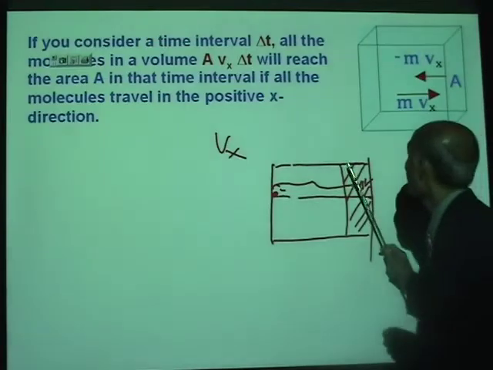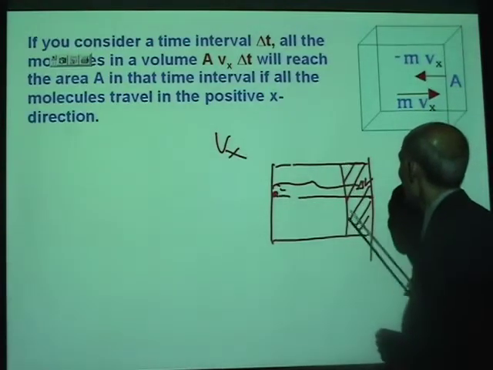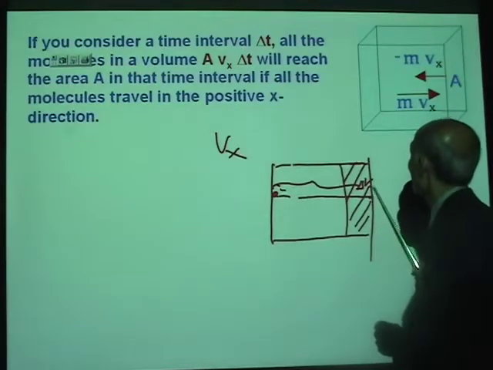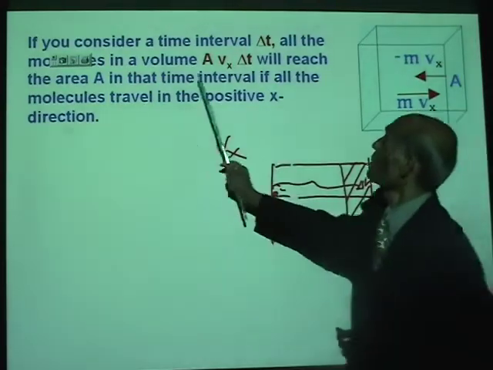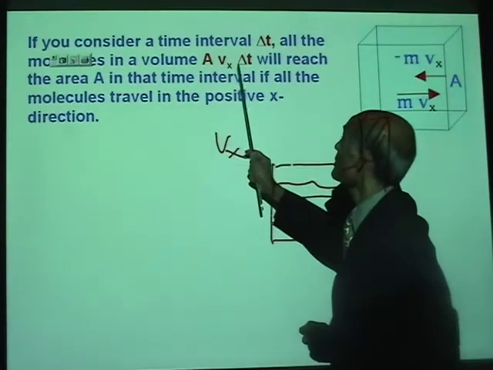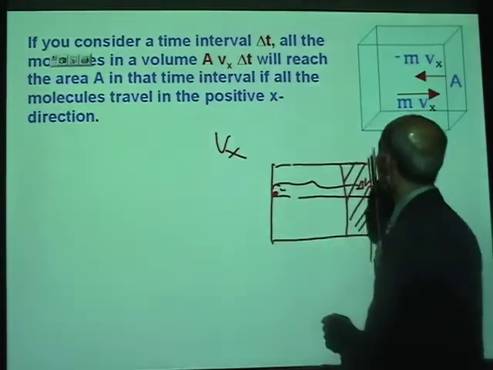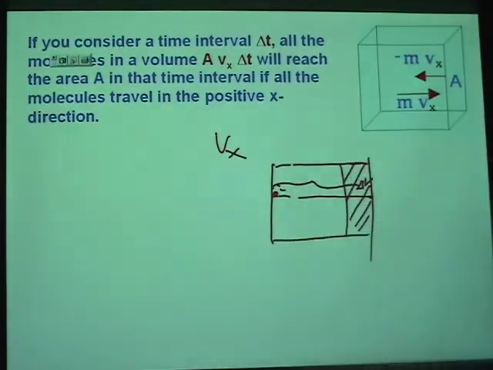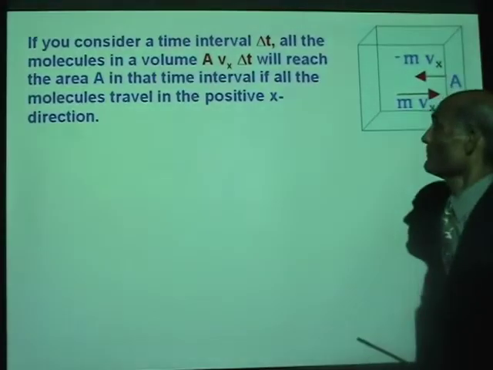And that volume will be A multiplied by Vx multiplied by delta t. So all the molecules in the volume A, Vx, delta t will reach that area A in that time interval delta t. Okay. And that's an important information.